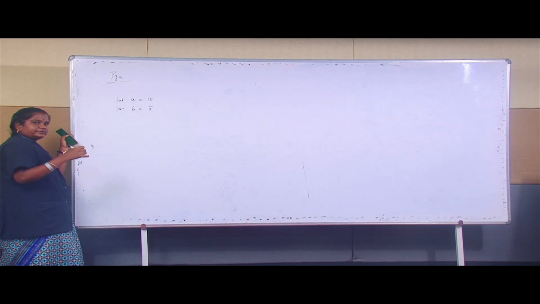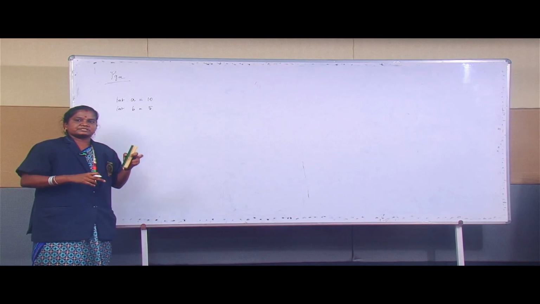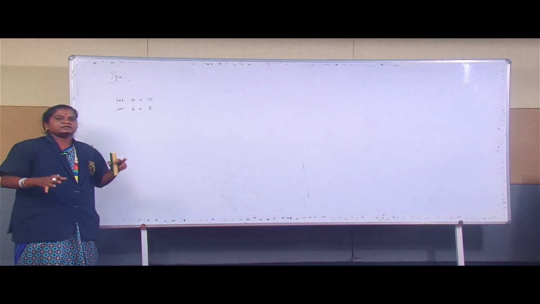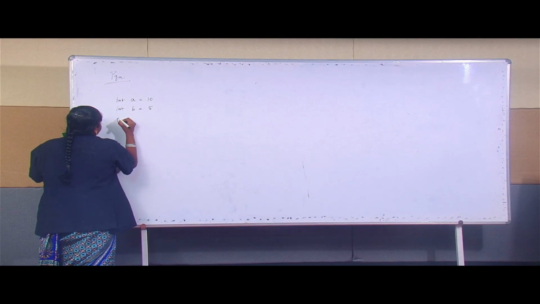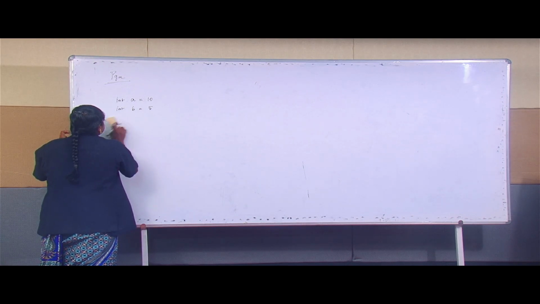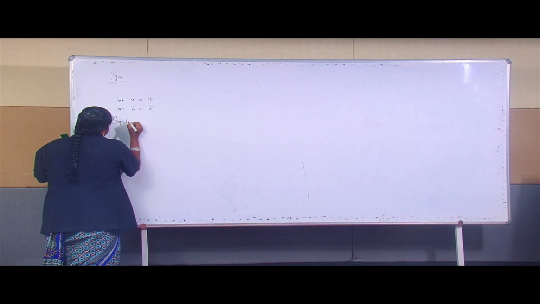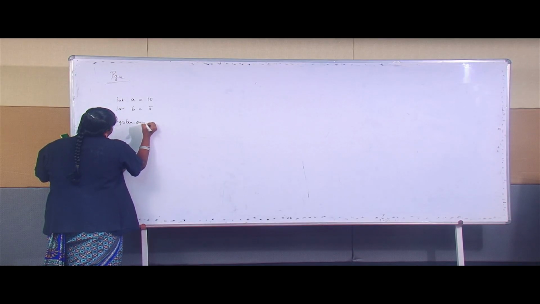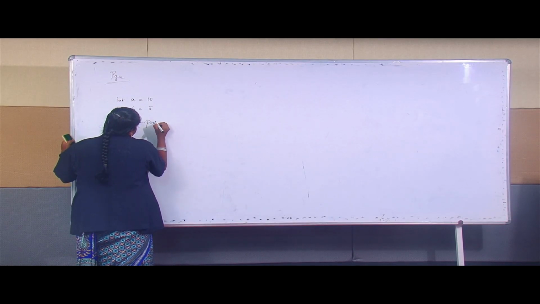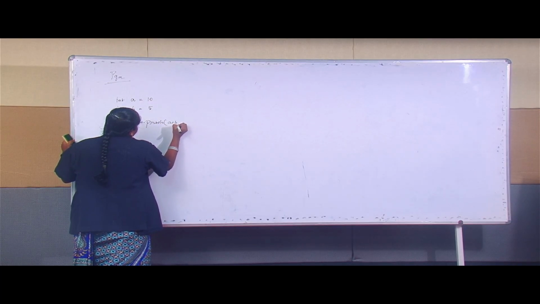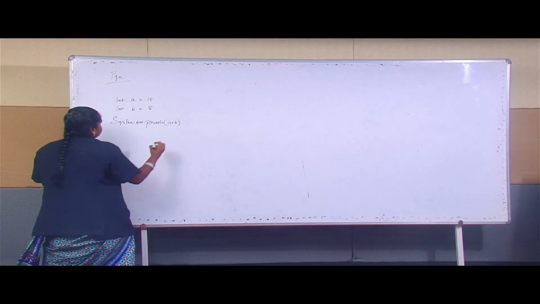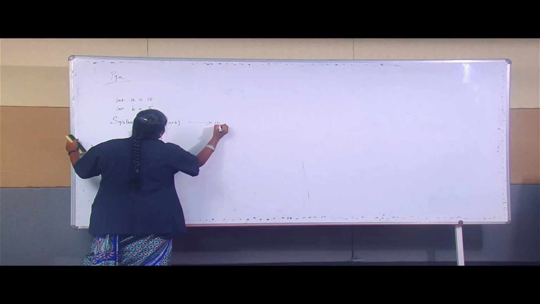Now, I am going to use arithmetic operation, assignment operation, relational operation, logical operation on this program. So, first I am going to give A plus B. The output for this statement will be 15.